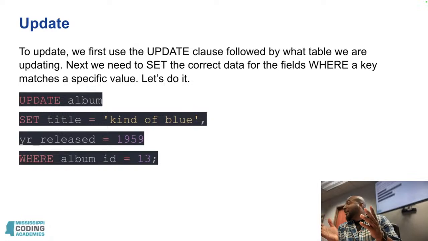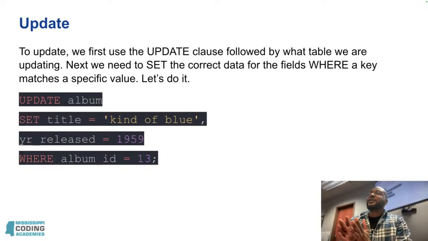We use the update clause. And so we're saying, hey, update whichever table we want to update. And then we're going to set whatever field we're setting to be the correct data. Where is a specific location, wherever a key matches a specific value.